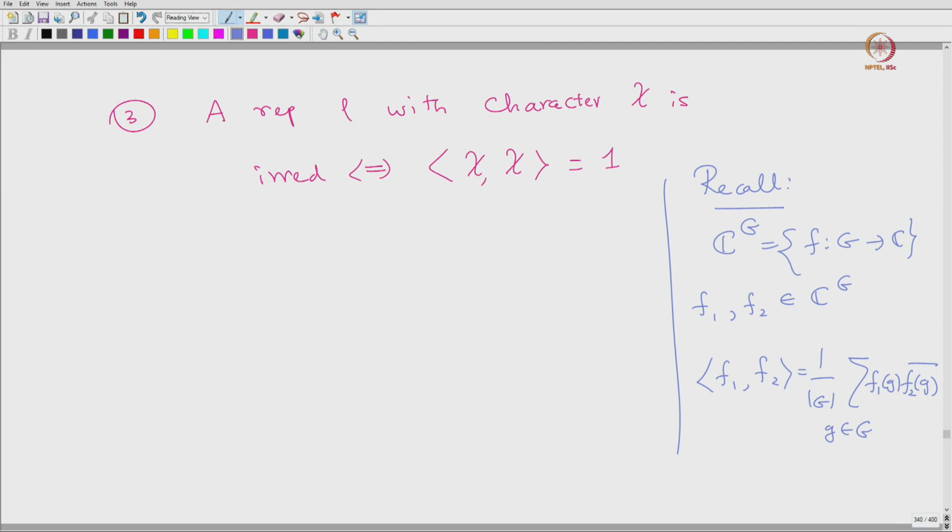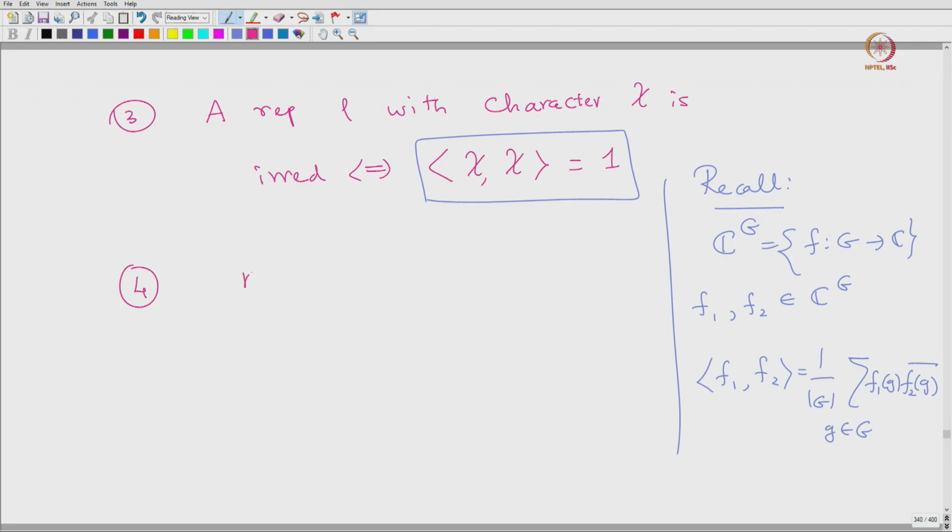With respect to that inner product, whenever we deal with the irreducible characters, we get the inner product to be 1. As a fourth statement, the cardinality of G has a very close relationship with the degrees of irreducible representations.